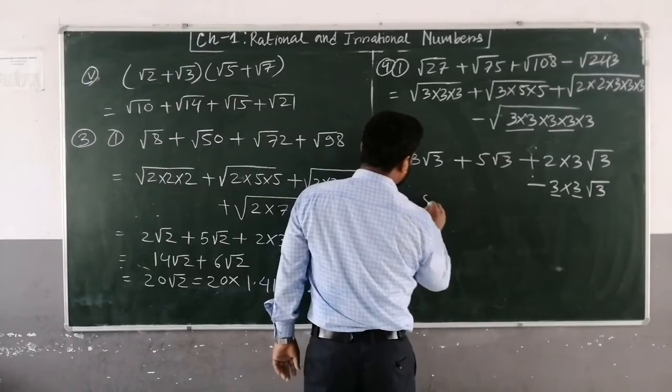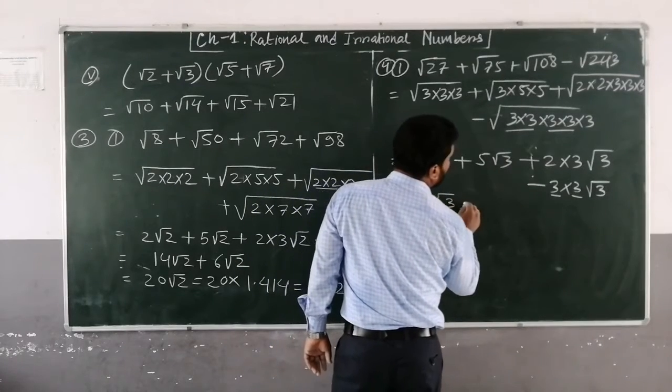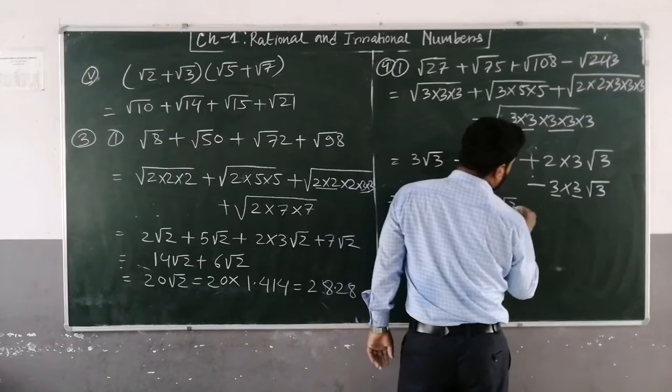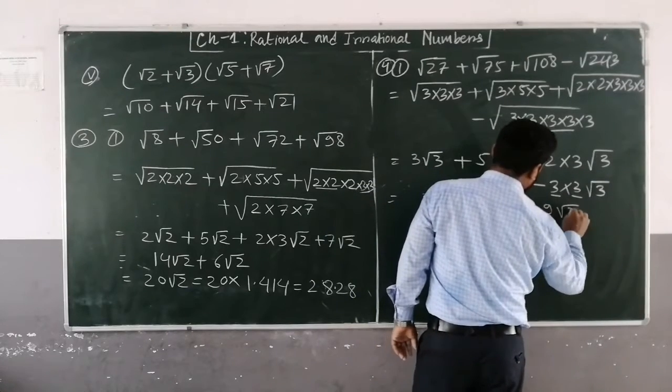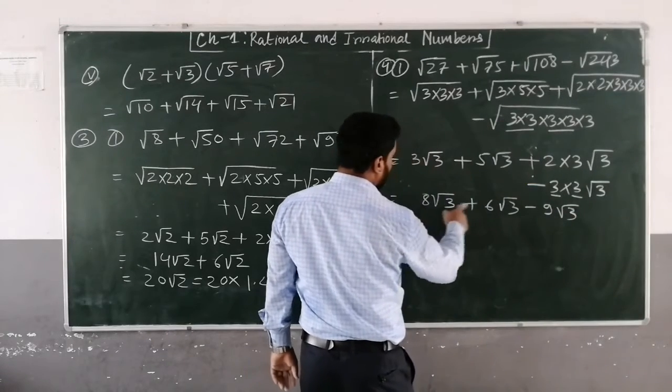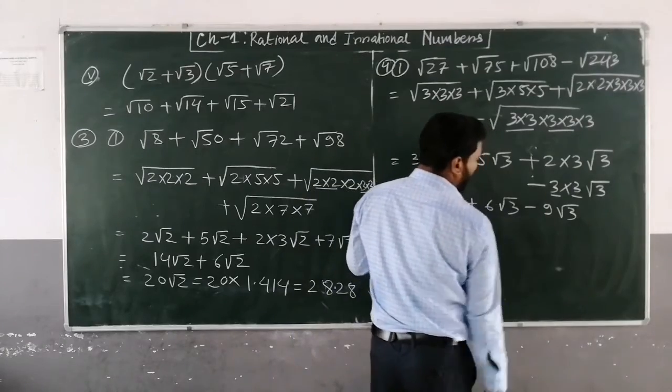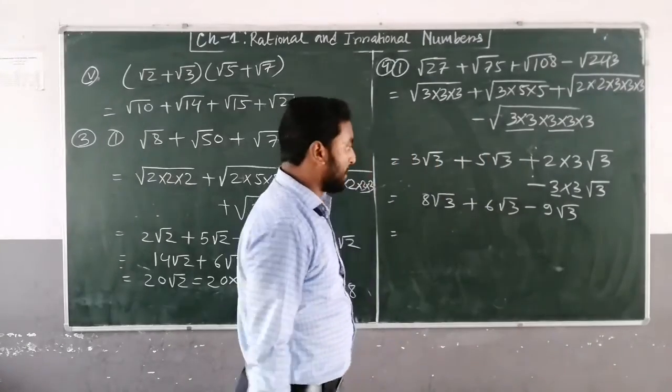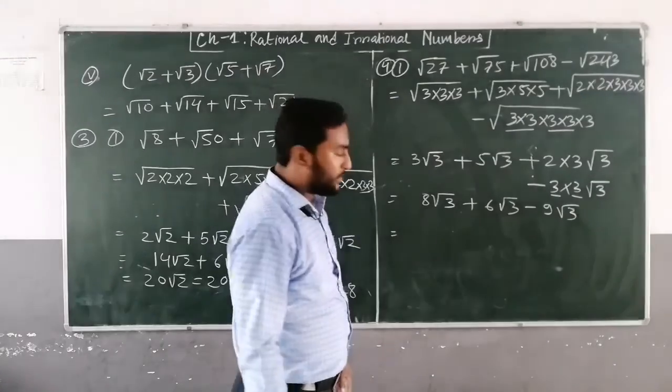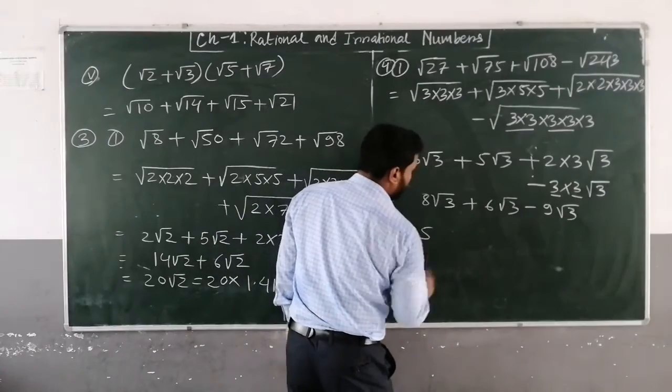So this is 8 root 3, 8 root 3 plus 6 root 3 minus 9 root 3. So 8 plus 6 is 14 root 3, 14 root 3 minus 9 root 3. Okay. So what will be that? That is 5 root 3 finally.